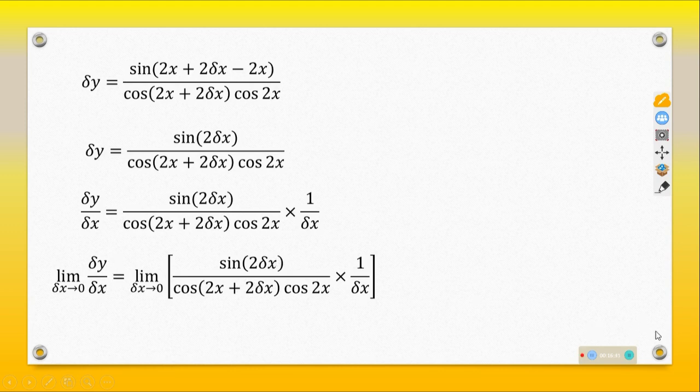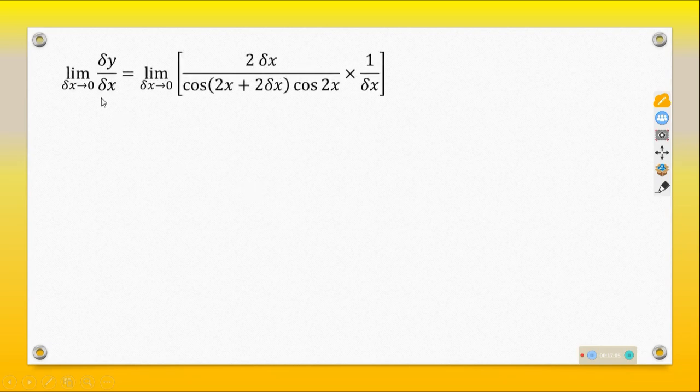So this is what we obtain. We shall make our assumption that when delta x is becoming smaller, delta y over delta x tends to dy dx, and sine of 2 delta x is equivalent to 2 delta x. So we have the limit as delta x tends to 0 of delta y over delta x, where we had sine 2 delta x, it is 2 delta x.